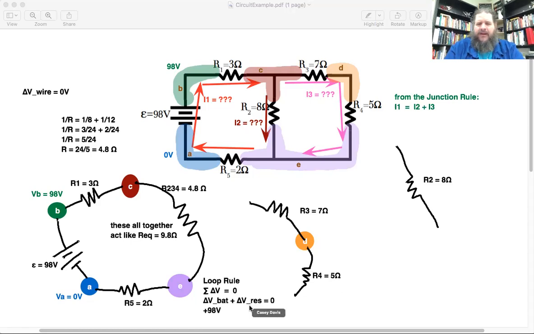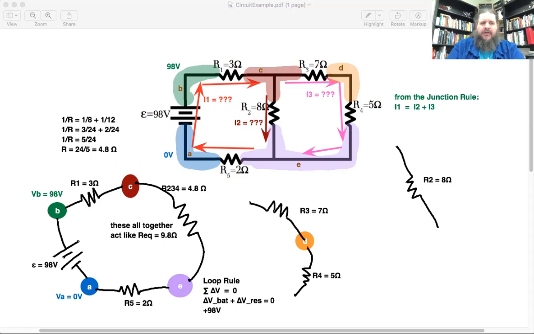And what's delta V for any resistor? If it was 0, the wire has resistance of 0, but this isn't just wire. These are resistors.